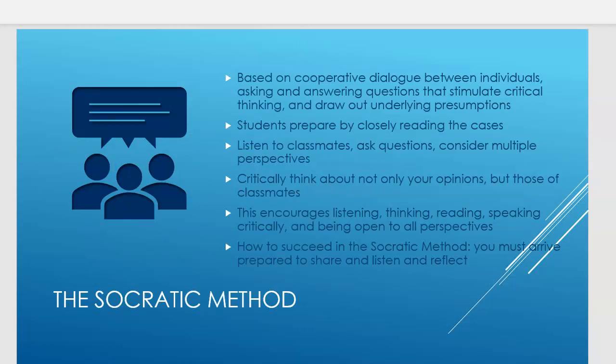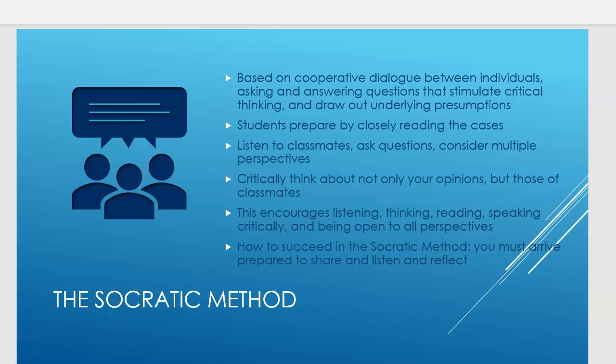Classroom discussions are based on the Socratic method. This means that it's based on cooperative dialogue between all of the class members, between individuals asking and answering questions, and comments, questions, feedback that stimulate critical thinking and that draw out underlying assumptions and presumptions.